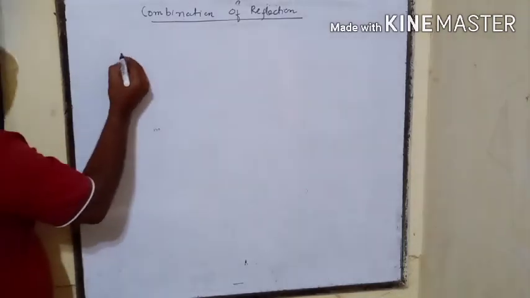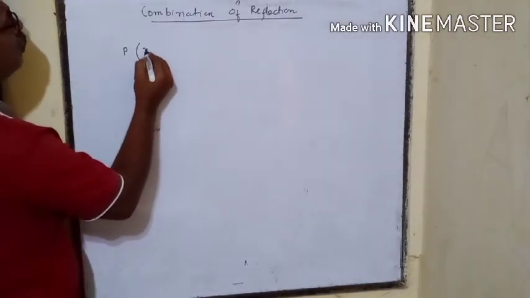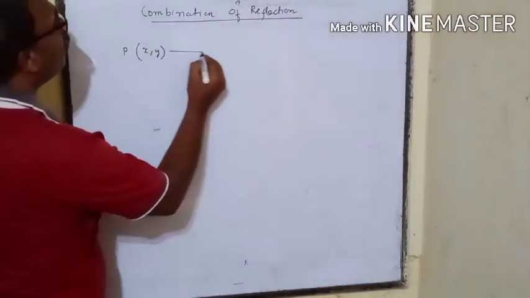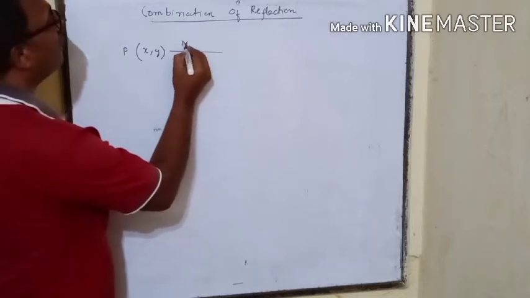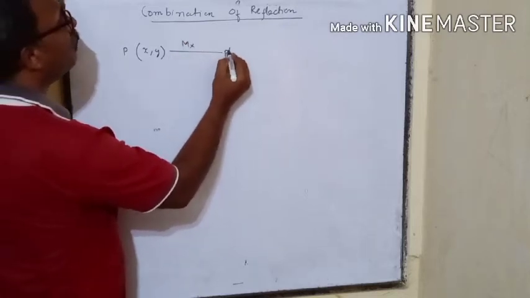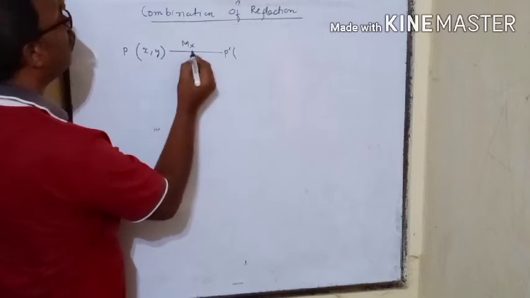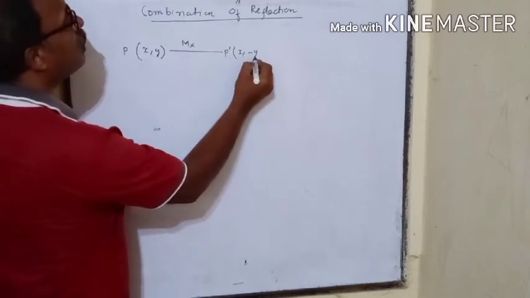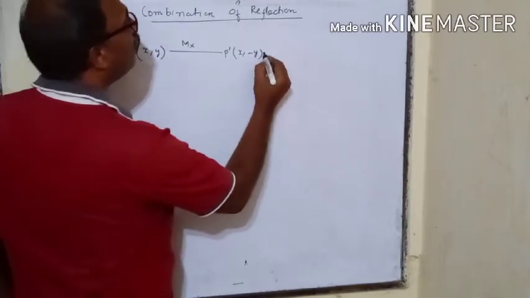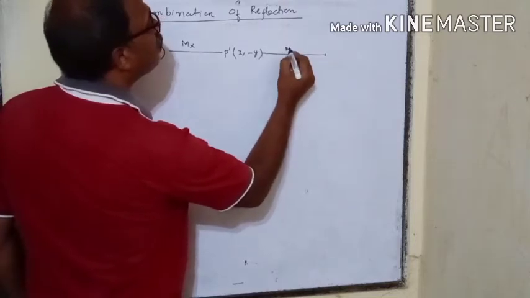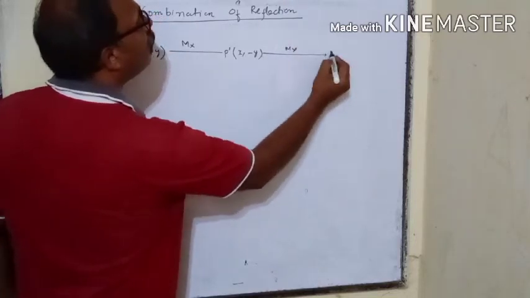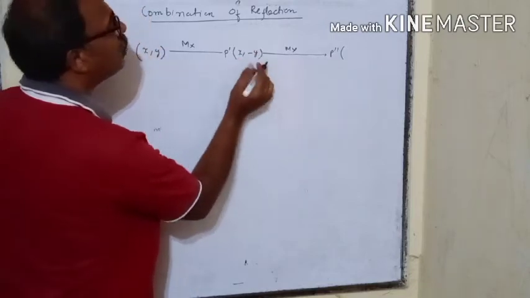So consider a point P with coordinate (x, y), and we have to see its reflection in x-axis. So Mx will give you P dash. What will happen? In the x-axis, x will remain the same and the sign of y will change. And if the same point is reflected in y-axis, then it will become P double dash, and the sign of x will change.